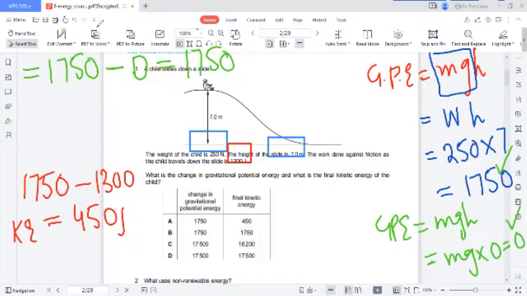So how much energy is changed? Energy was 1750. At the bottom, it is 0. So the change in gravitational potential energy is 1750. So these are two possible options. So the final kinetic energy is 1450.